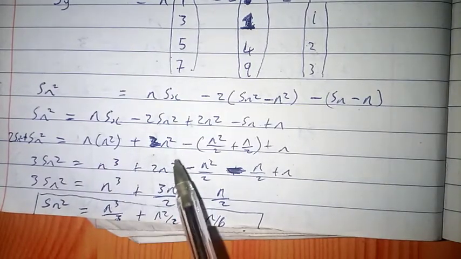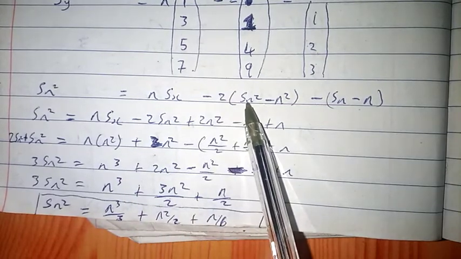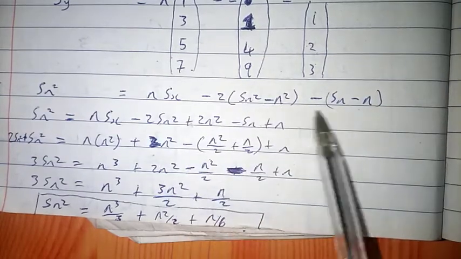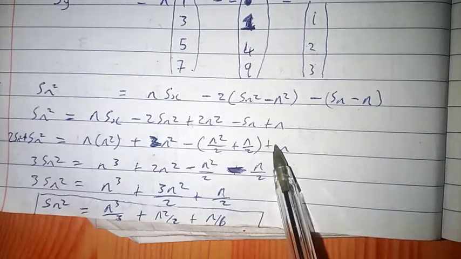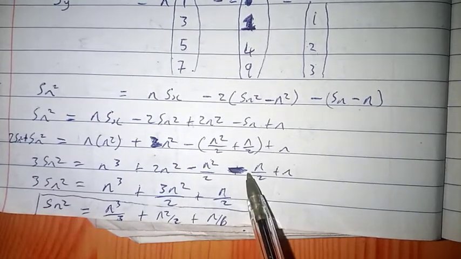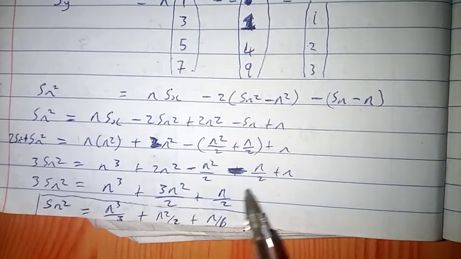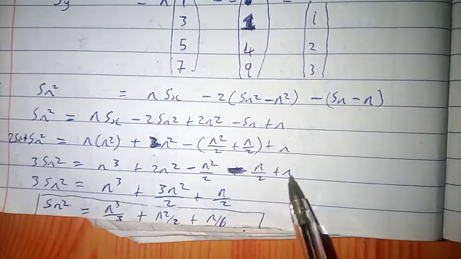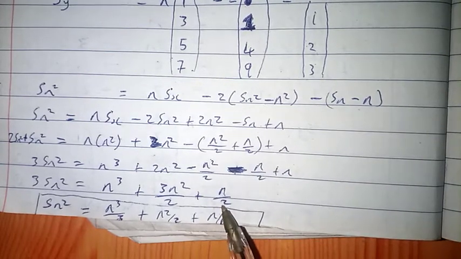N times n square becomes n cube. We've carried that over there, and then we've expanded this one, and then this becomes 2n square, and then this substituted for it as n square upon 2 plus n upon 2. So we expand this bracket, this becomes 2n square minus n square upon 2, which summates to 3n square upon 2, and then subtract minus n upon 2 plus n, and then it ends up being n upon 2.